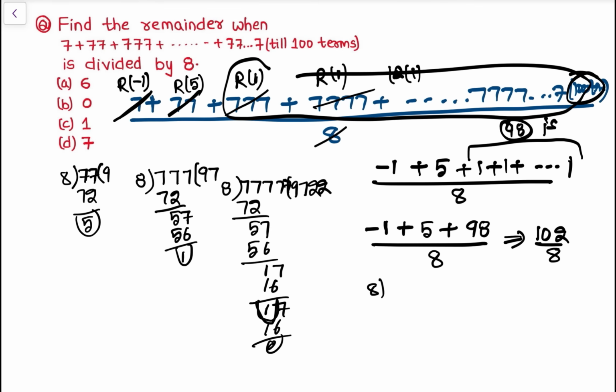So divide 102 by 8: 8 ones are 8, 8 twos are 16, so the remainder is 6. So the overall remainder is 6.